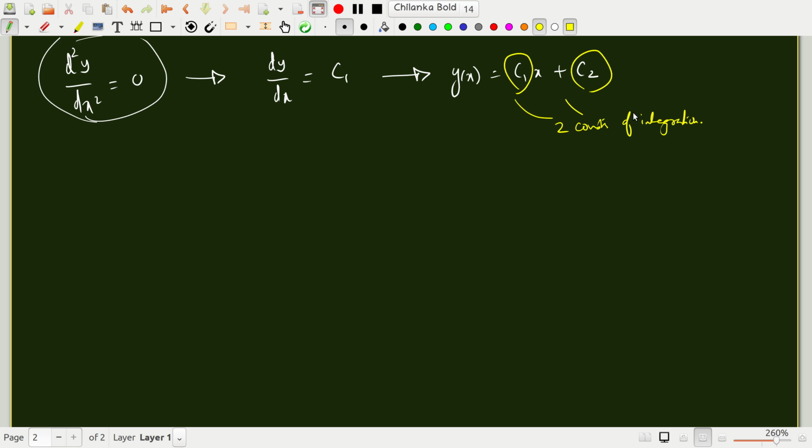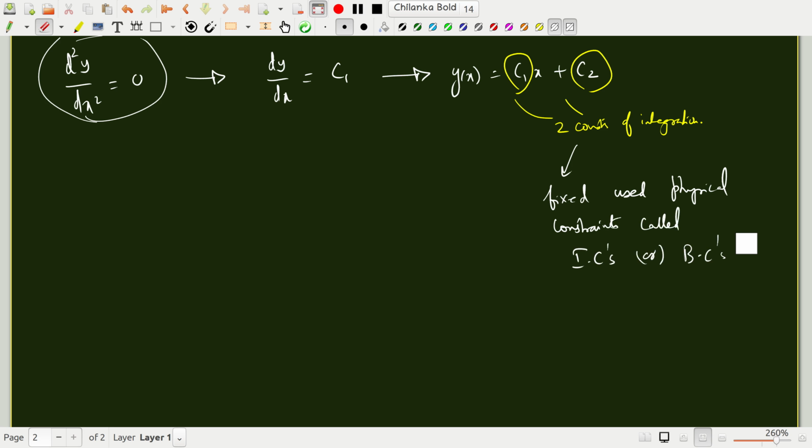In general, when you solve a differential equation, you will pick up constants of integration, and these have to be fixed using physical constraints called initial conditions, ICs in short, or boundary conditions, BCs in short. Depending on the nature of the problem, you will fix these using either initial conditions or boundary conditions.